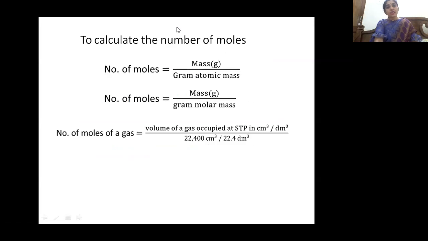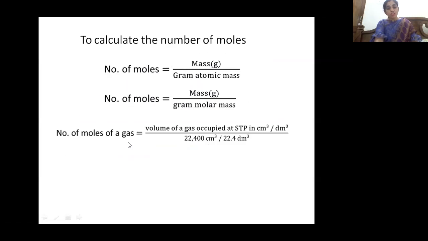So to calculate the number of moles, let us follow these formulas. Number of moles is equal to mass in gram by gram atomic mass. Similarly, number of moles may also be equal to mass in gram by gram molar mass.